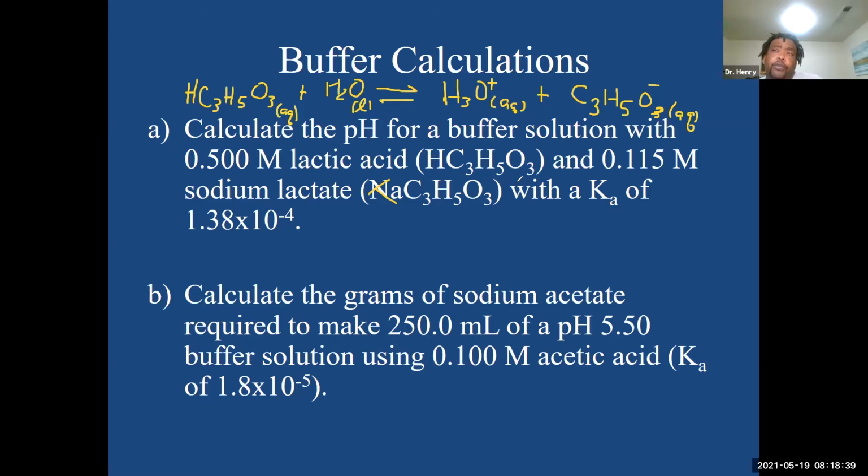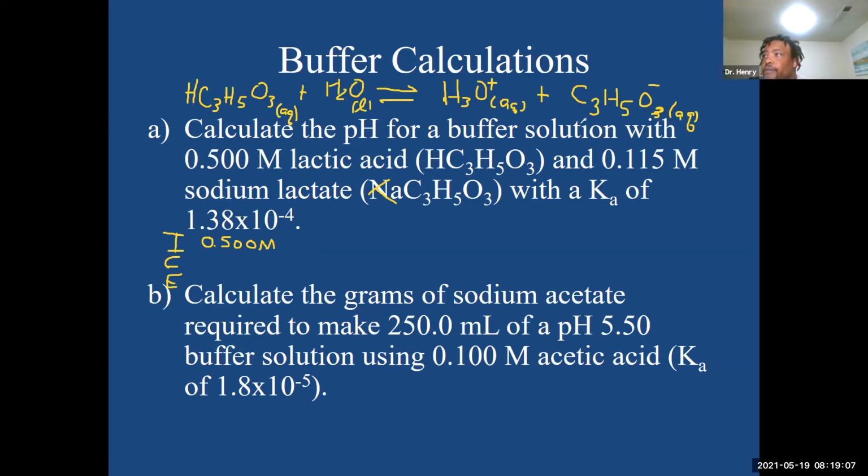So then in this case, we're just going to start off with what's given to us. We know that the lactic acid is going to be the 0.5. So we're going to go with our ICE table. Okay, so we go with our ICE table. We know that our initial is going to be 0.500 molar of this guy.